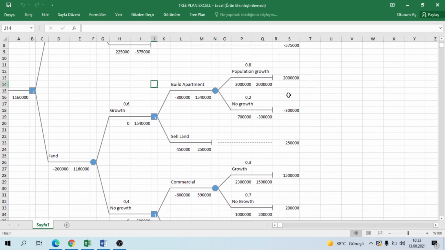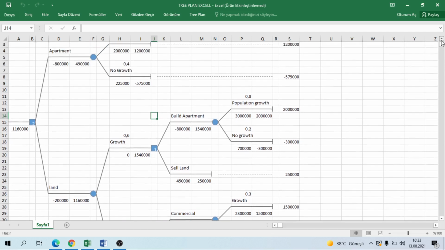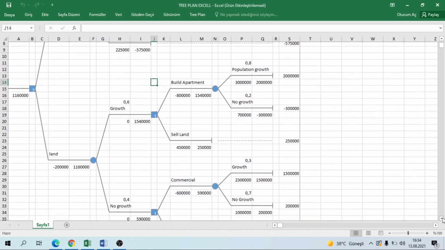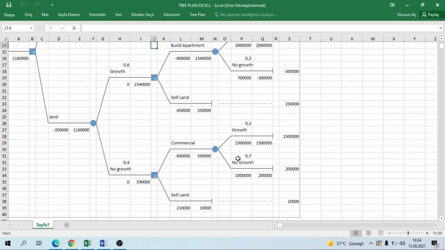According to all of the options, if the investor wants to use the land commercially, as seen in the tree plan, the probability of a population increase in that part, the third decision making node, is low, 0.3.